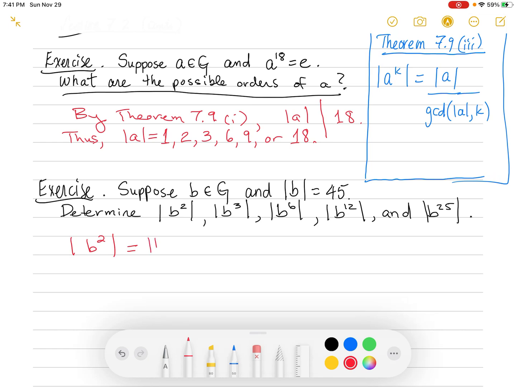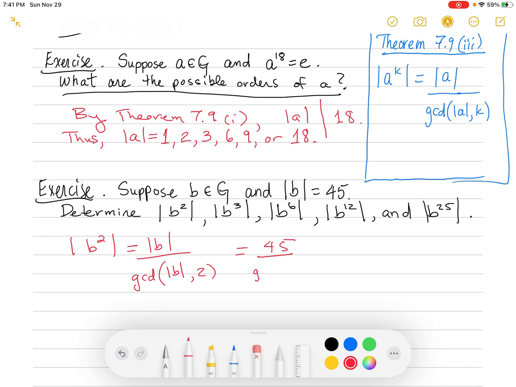We would have the order of b divided by the greatest common divisor of the order of b and our power here, which is 2. That's going to be what? The order of b is 45, and we're going to find the greatest common divisor of 45 and 2.